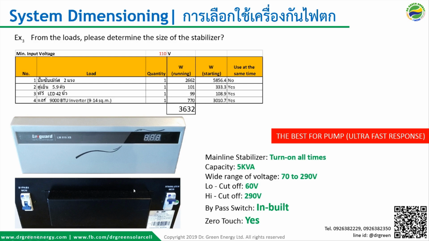And also, this stabilizer has an inbuilt bypass switch. That means this is very good when you want to do service on this stabilizer. You can turn on the bypass switch and turn off the stabilizer to just bypass the input grid power to your appliances.